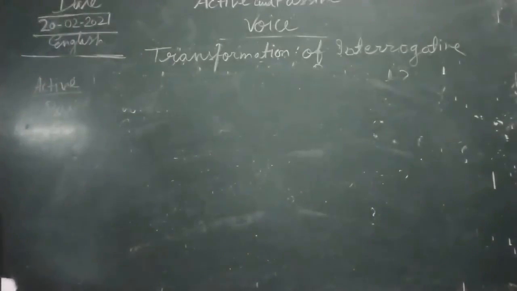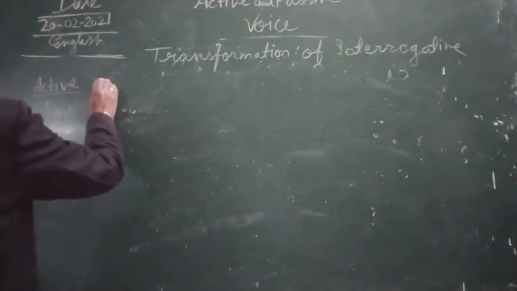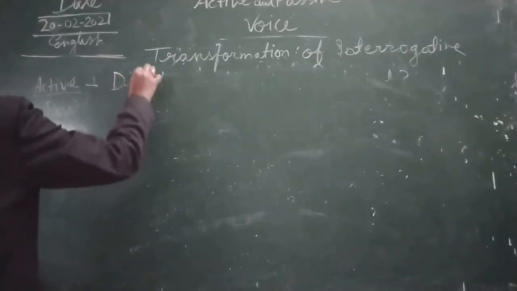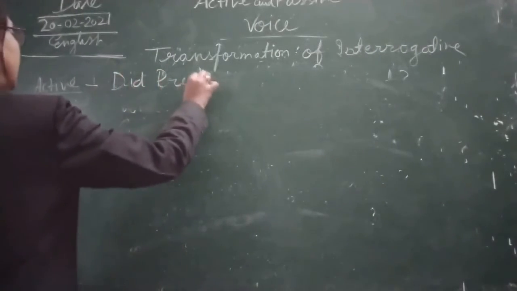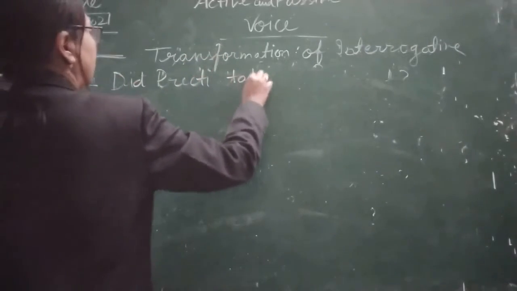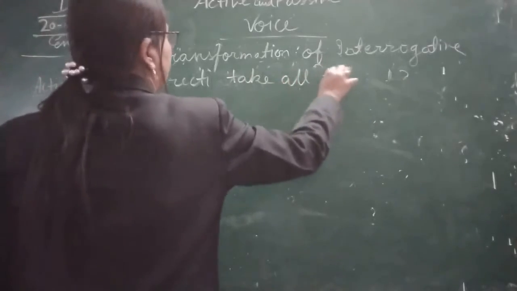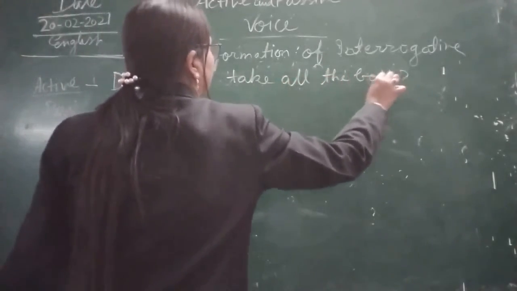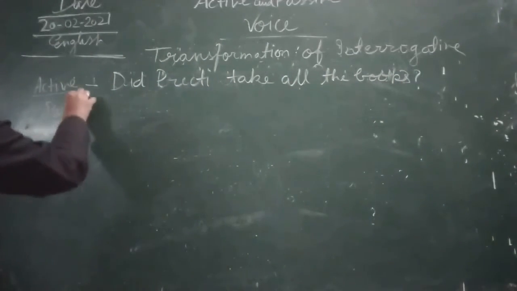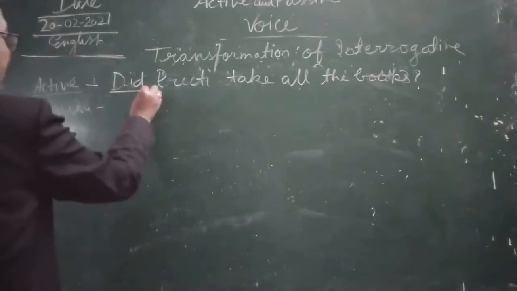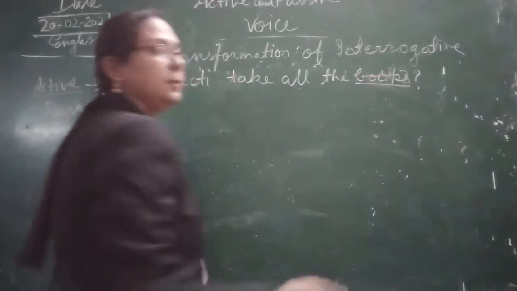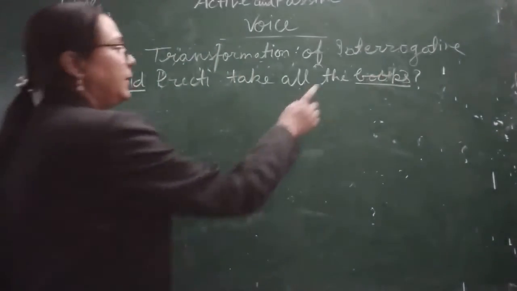So children, now we are moving to next example, that is did Preeti take all the books? Take all the books. Now here children, you can see in passive voice what we will do. Did is there, that is why all the books. Now here you can see subject verb agreement. Now it will become over here subject.